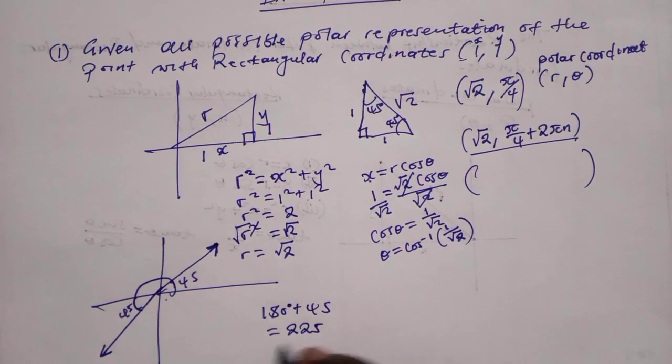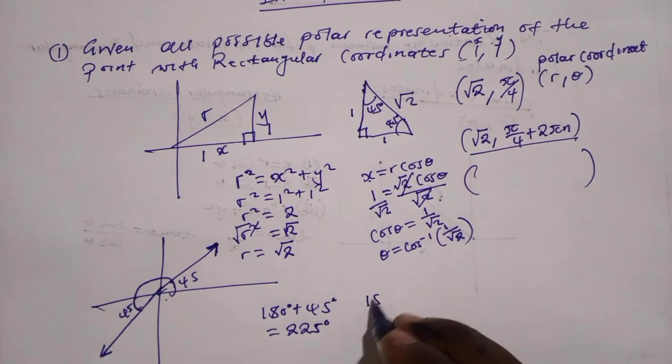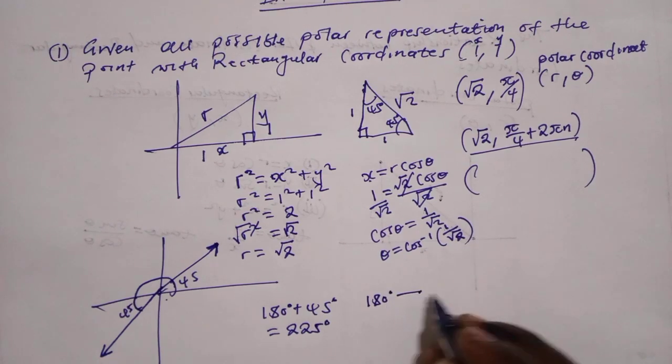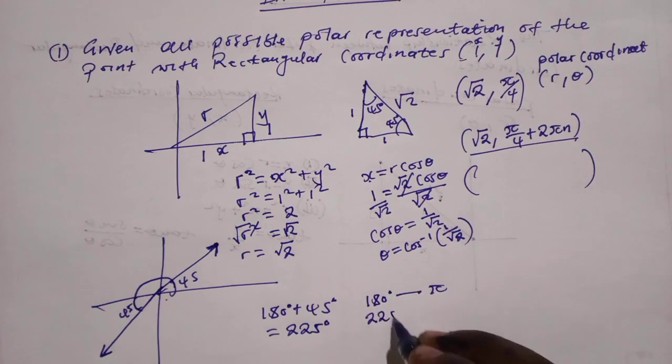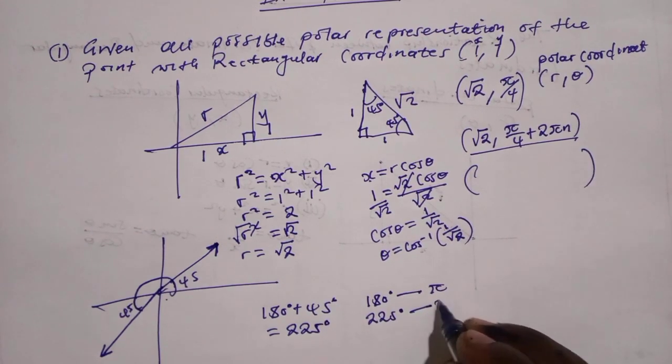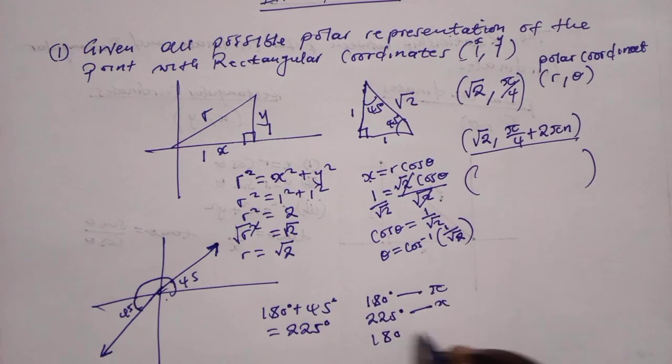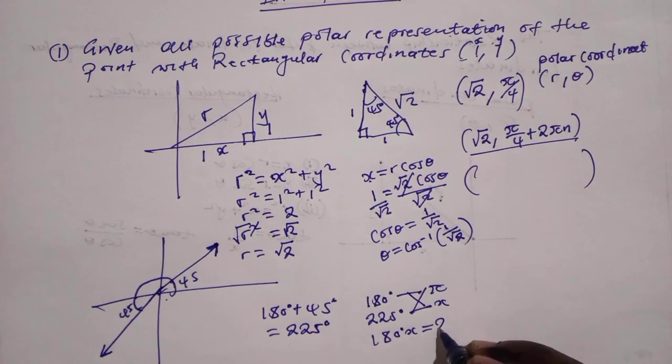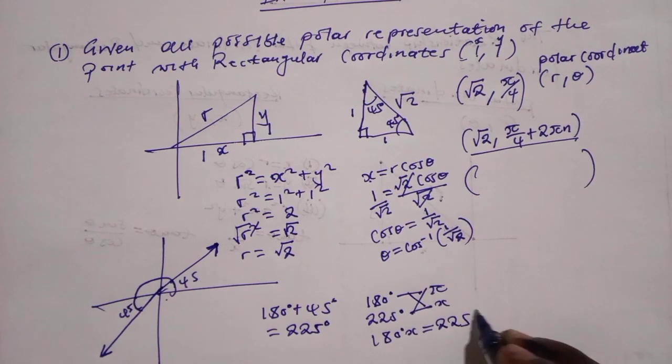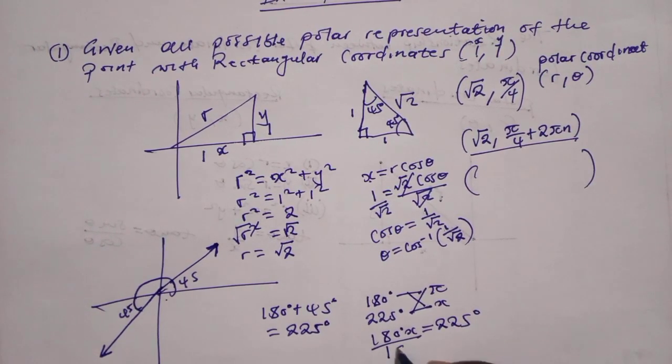And 225 degree, if you want to take it into radian, we all know that 180 degree represents pi. What about 225? It will represent x. So 180 x, if you cross multiply, 180 x equals 225 pi. I'm going to divide throughout by 180 degree.